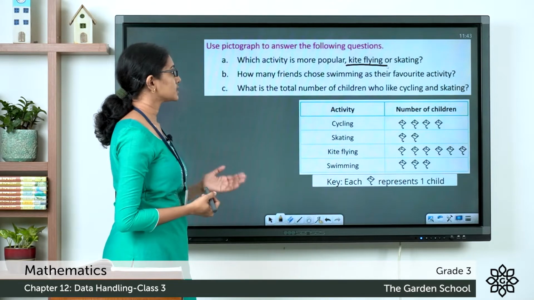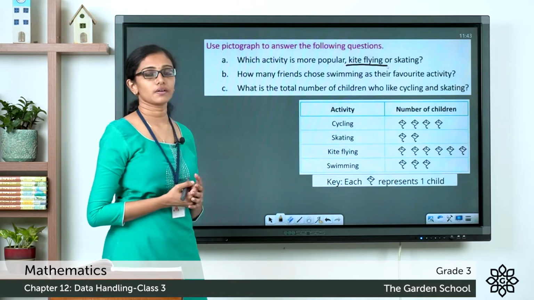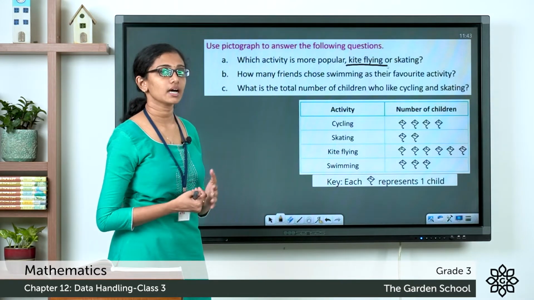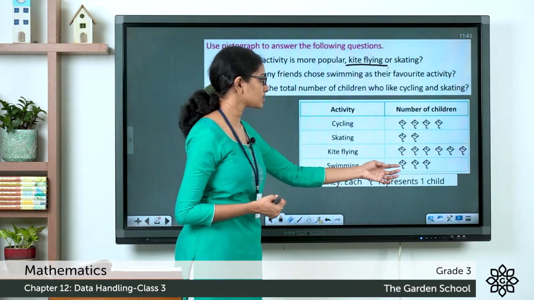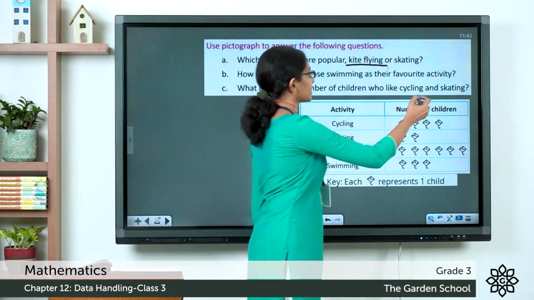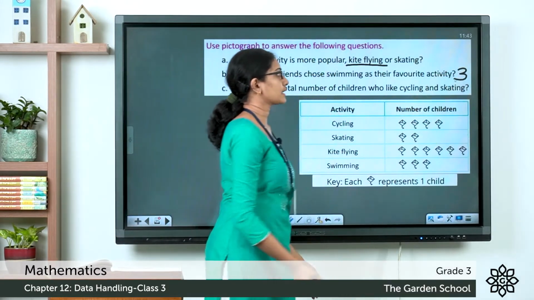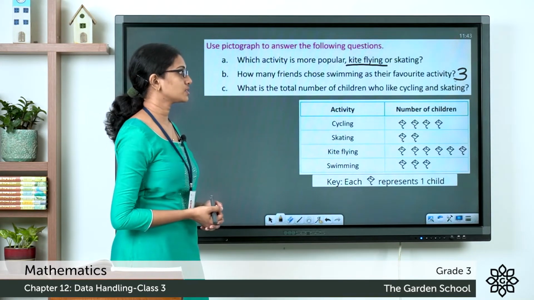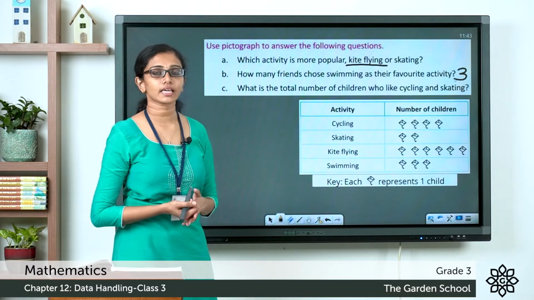Now, how many friends chose swimming as their favorite activity? The number of children who like swimming as their favorite activity is how much? 3. So here the answer is 3. Now see, what is the total number of children who like cycling and skating?